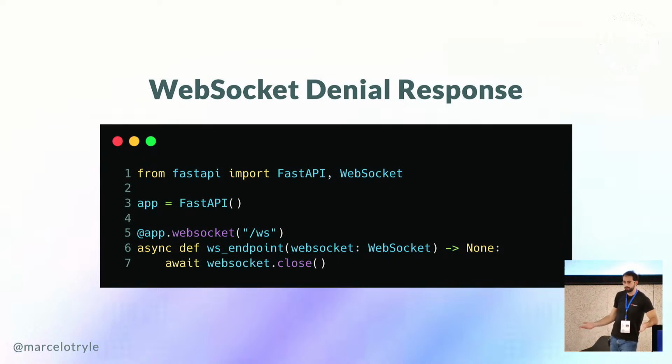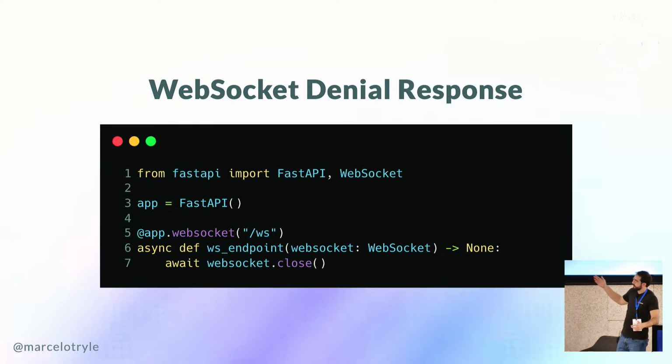Do you know what happens if you... Well, no, let me rephrase the question. What do you think happens here if we try to connect with a WebSocket client and you send a request to this endpoint? Who thinks it's going to connect successfully? Okay. Who thinks it's going to send a 500 error? Okay, anyway, I'm going to tell you.